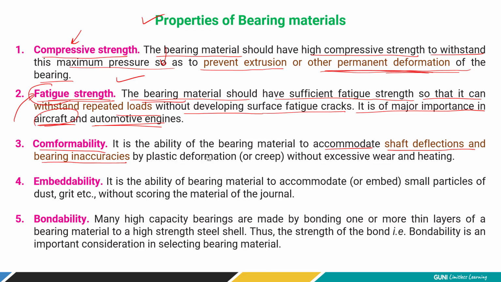So it is simply the ability of the bearing material to accommodate shaft deflection. If something deflects, it should be able to support it, should not allow it to enlarge, right? So it is going to accommodate that deformation, by plastic deformation or creep, without any excessive wear and heating.